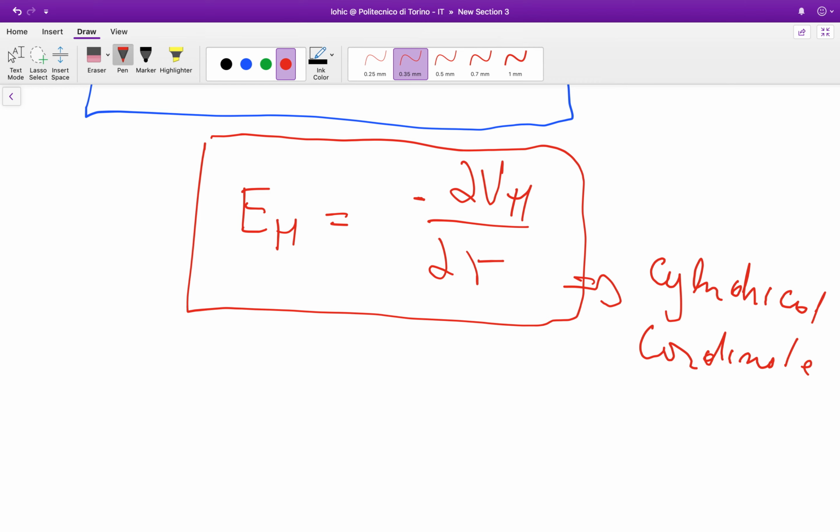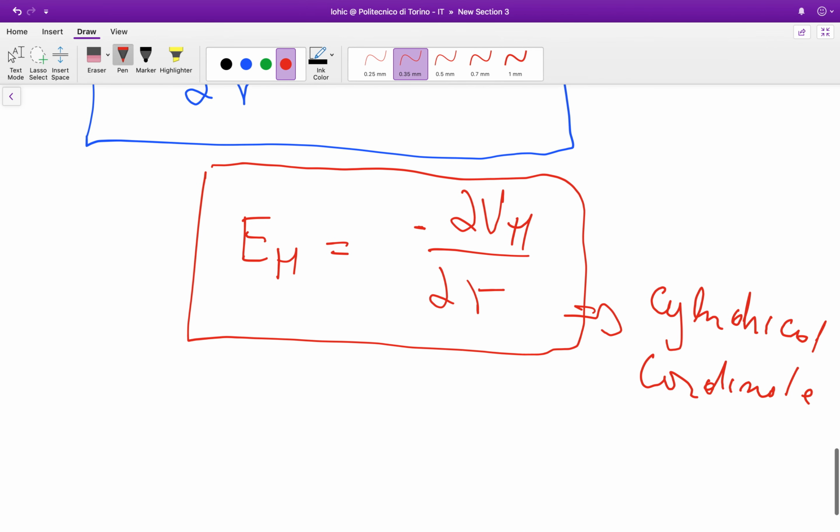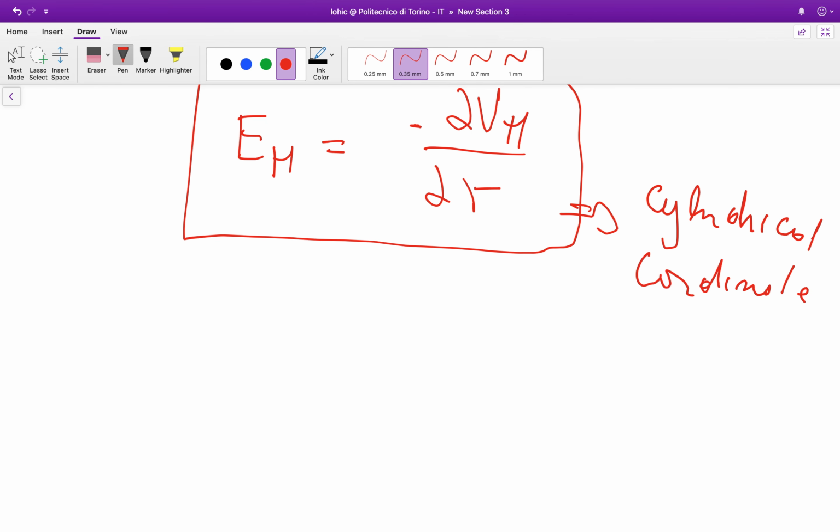Remember that when you use R, the distance from the origin, you are using cylindrical coordinates. How do we generalize this?